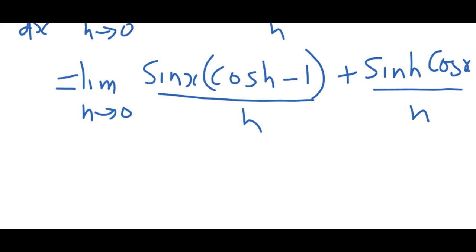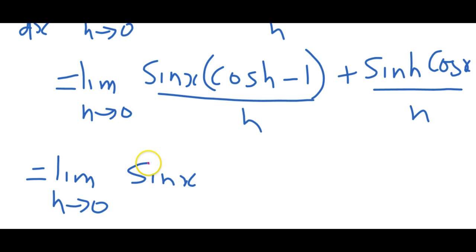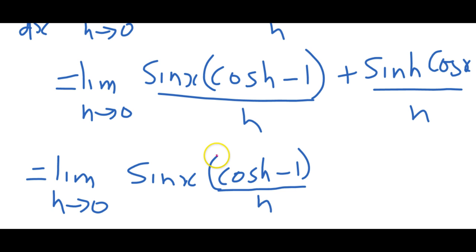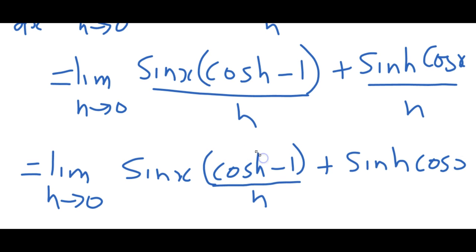This same equation can be written as the limit as h approaches 0. See that I'm repeating the limit because I've not taken the limit yet. It can be written as sine x into bracket (cos h minus 1) on h, plus sine h cos x, all divided by h.